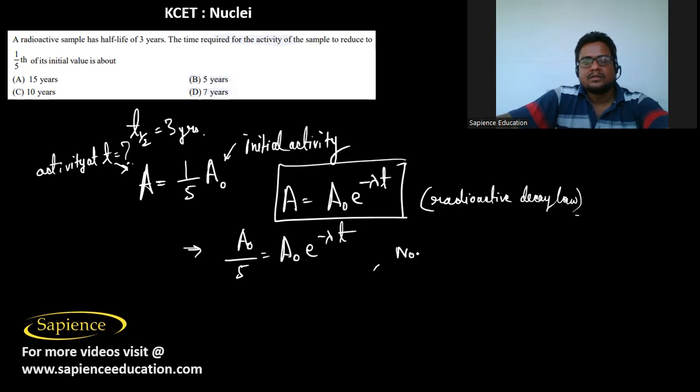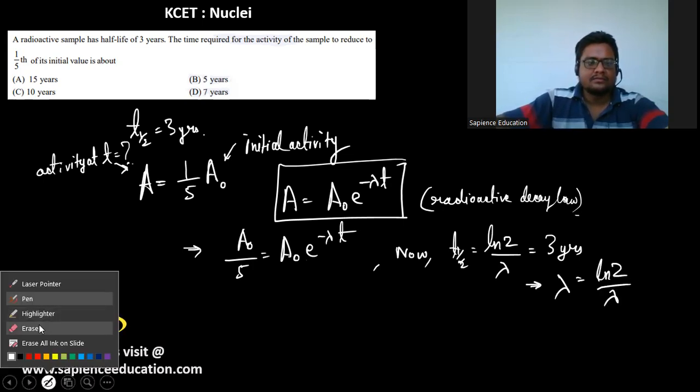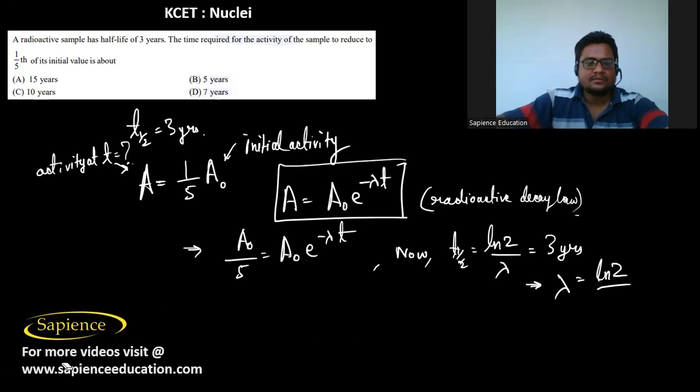Now, the half-life is equal to 3 years, which is also given as ln2 by lambda, equals 3 years. So therefore lambda equals ln2 by t half, that is equal to ln2 by 3 in year inverse, meaning per year.